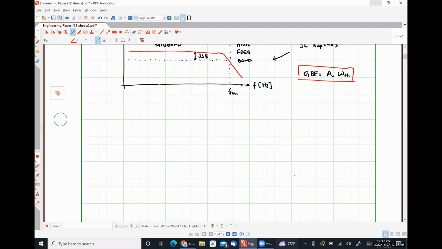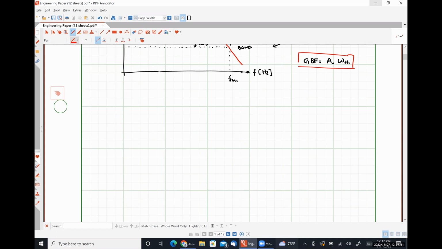All right, so now let's talk briefly about poles and zeros in our frequency response plot.